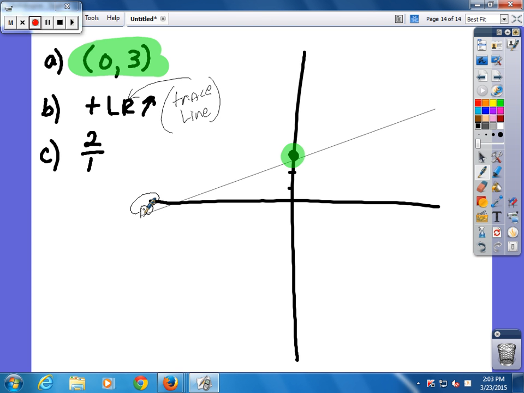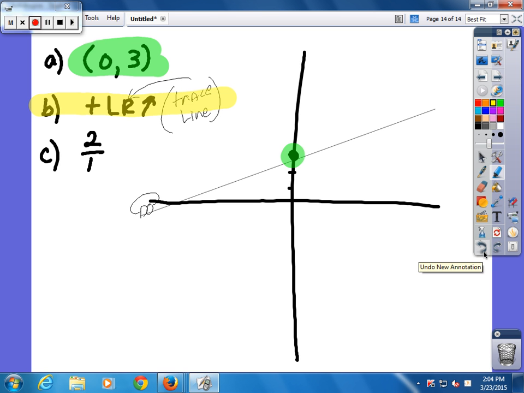All right, now you just plot the points. So I'm going to take my, oh wait a minute, that's gray. I think we called that yellow. And I'll just kind of drop this in like that. So that's my trace line. All right, 2/1.